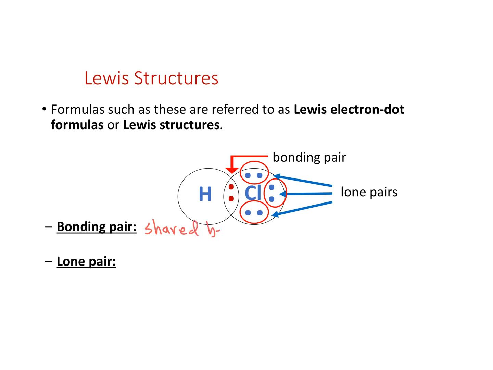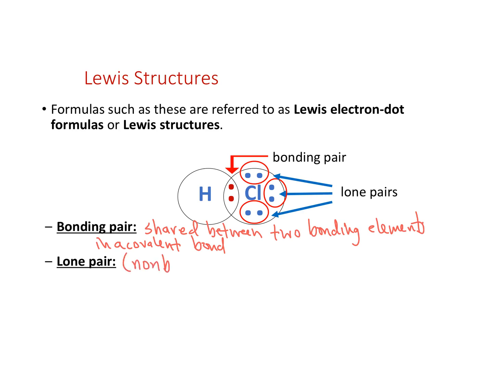They are shared between 2 bonding elements in a covalent bond. And that's different than the lone pair electrons. The lone pair electrons, these are also known as non-bonding electrons.